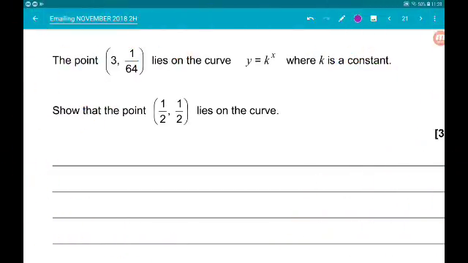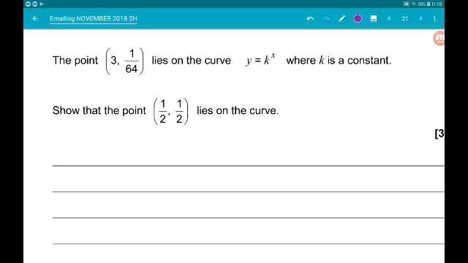Okay, 27, probably a pretty scary one. These November papers, to me, seem very, very A-level-y. These are probably actually the toughest set of GCSE that I've seen so far. So, point 3, 1 over 64 lies on the curve y equals k to the power of x, where k is a constant.